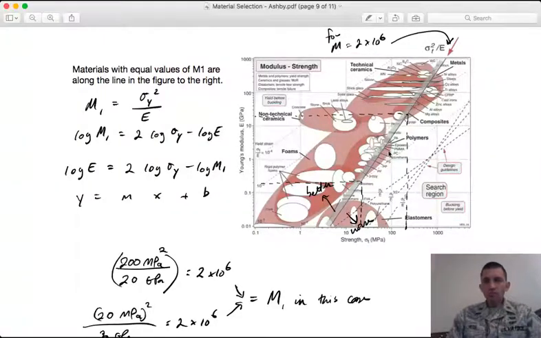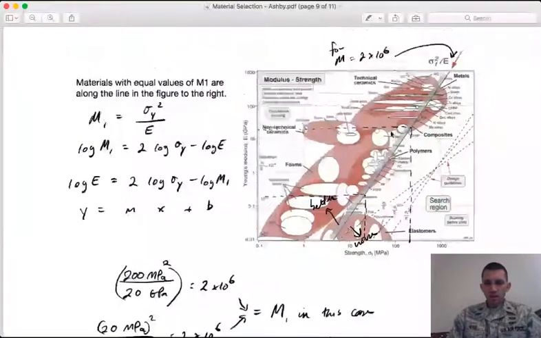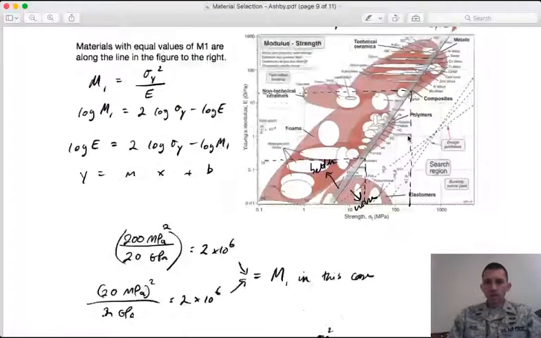And any point along that line will have the same value for M1, right? So for instance, this line that's drawn on here is for an M value of 2 times 10 to the 6th. Now I can get that by choosing, say, metal properties, right? So that would be a strength of, say, 200 megapascals, a Young's modulus of, say, 20 gigapascals, right? If I plug that in, I get an M value of 2 times 10 to the 6th.